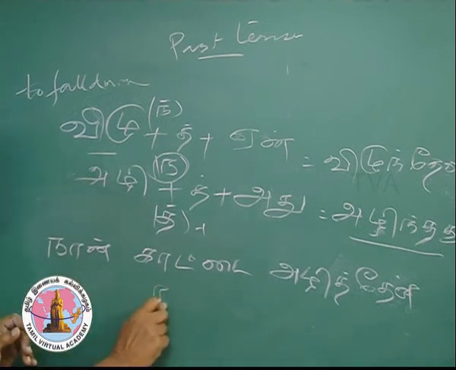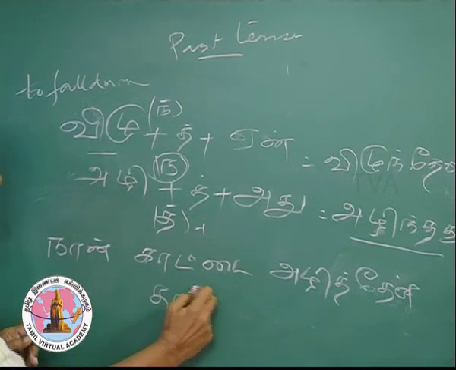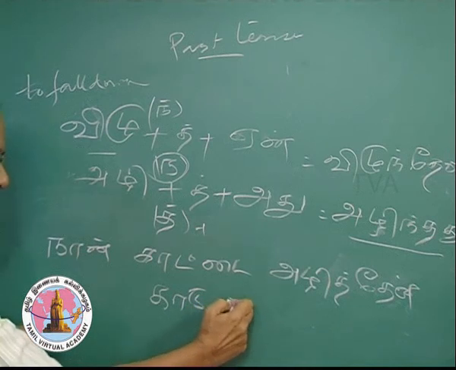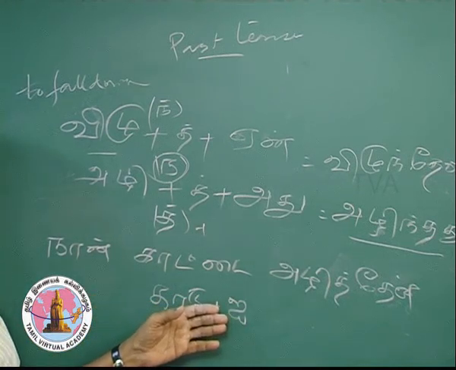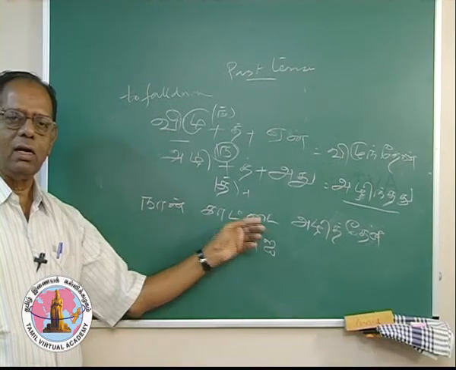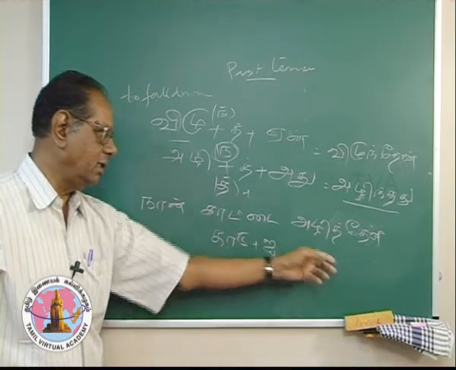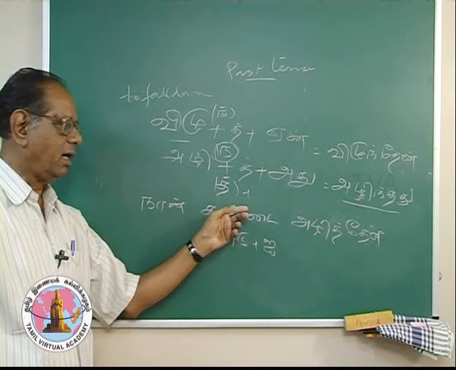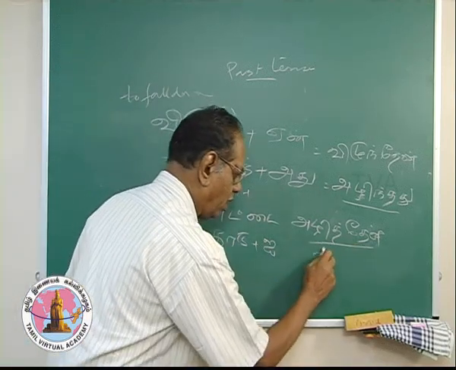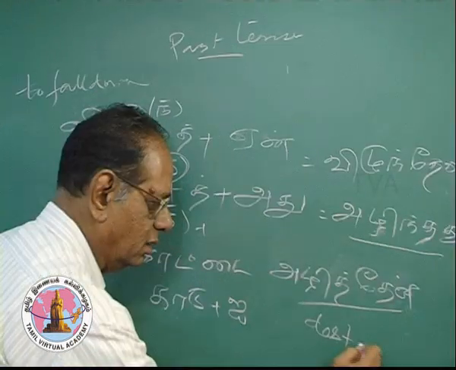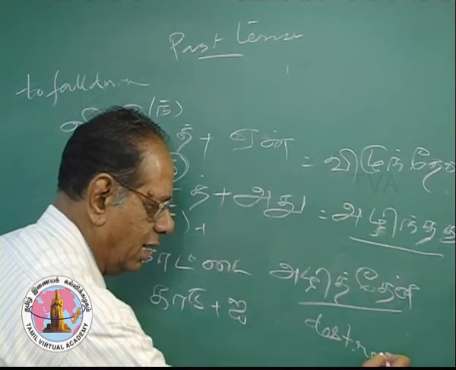This is காடு having taken up the accusative marker, case marker. நான் காட்டை அழித்தேன். Non-subject, காட்டை object, அழித்தேன் destroyed. This is a transitive form.